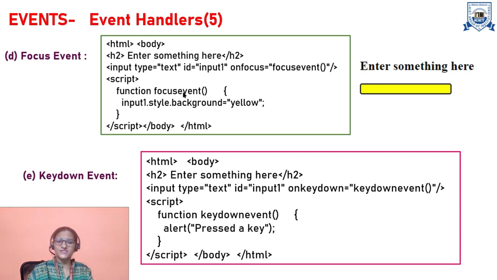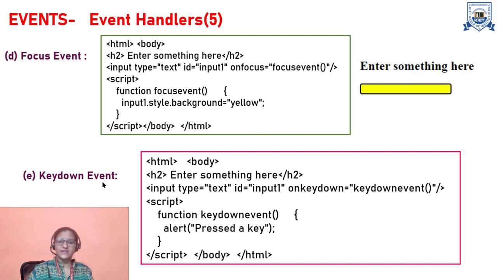In the focus event we use the ID of the text box and provide style.background equal to yellow. So as soon as we focus, its color changes to yellow, and this is the output. We tried it in the browser: as soon as we run the program and put the focus on this text box, its color gets changed.